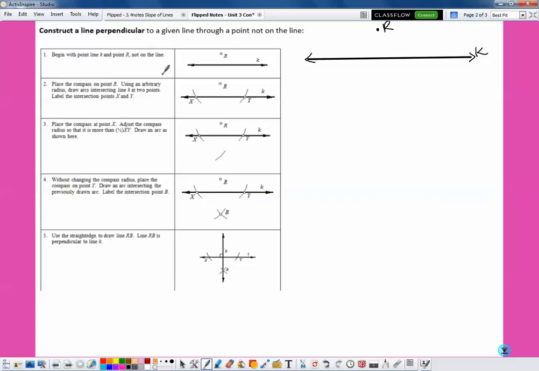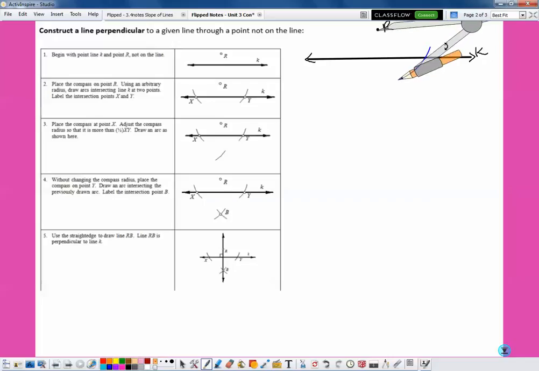Then we're going to take our compass. Okay, we are going to measure a distance from point R. So we're going to put the center of our compass on R, and we're going to draw an arc.